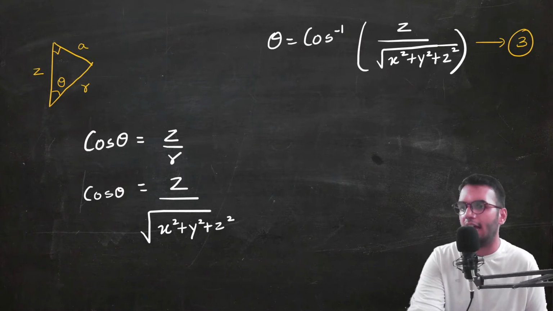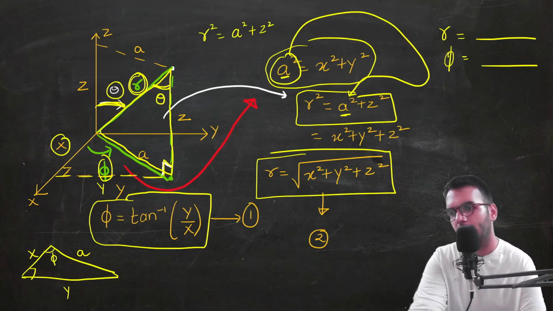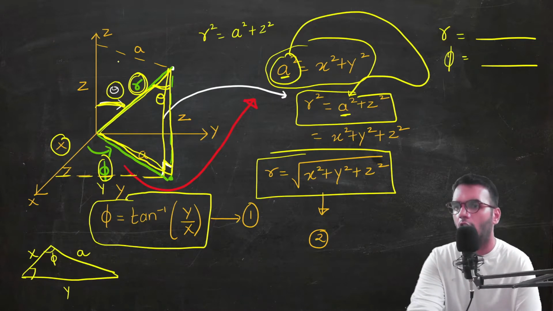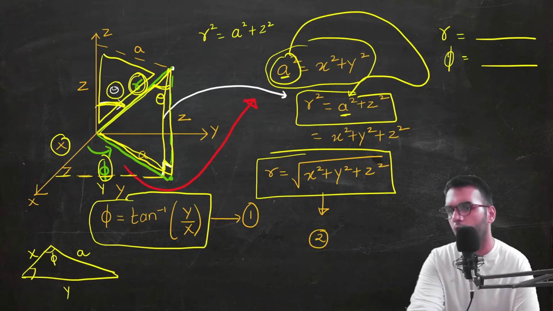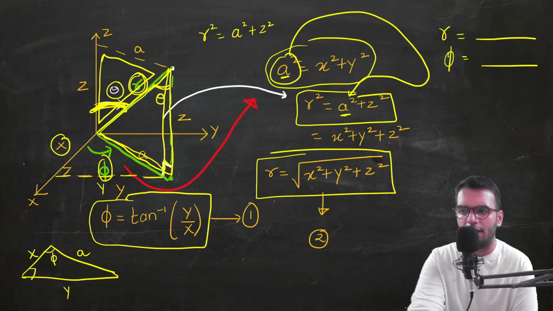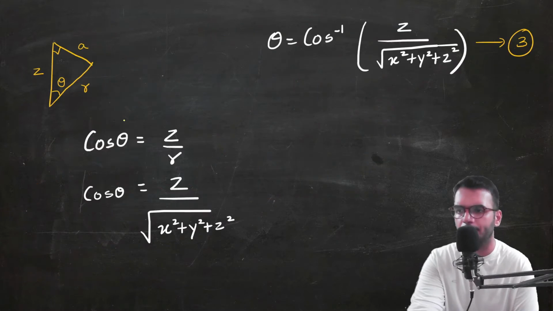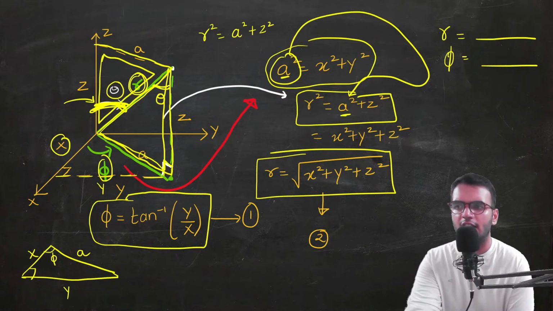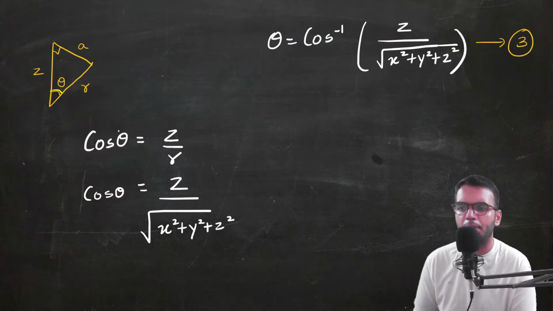For the third thing, I have to consider this angle again. In this angle, what I know, this is theta, right? Theta is defined this way. This is 90 degree. Drop a perpendicular on this line. So this will be 90 degree, and apply cos of theta.